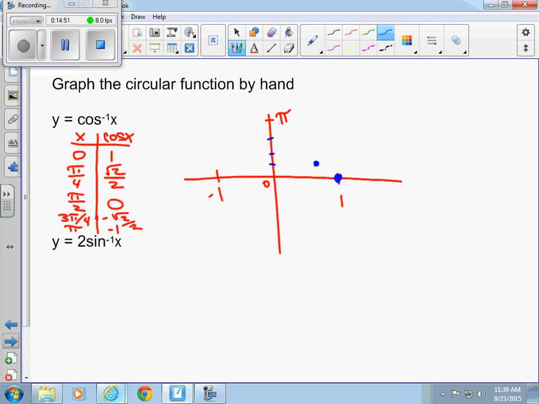The x value of 0, I get pi over 2. The x value of negative radical 2 over 2, so negative 0.7, about right there, I get 3 pi over 4. And the x value of negative 1, I get pi.